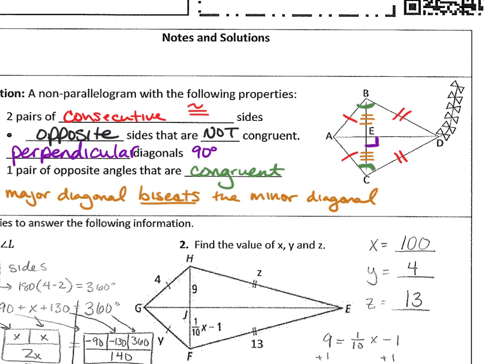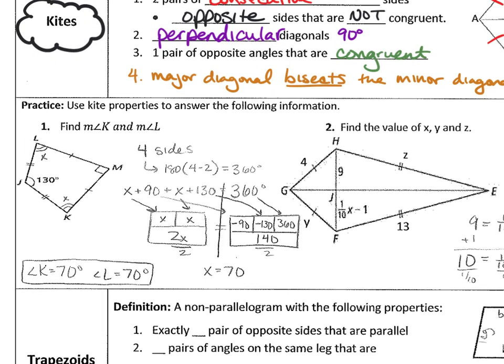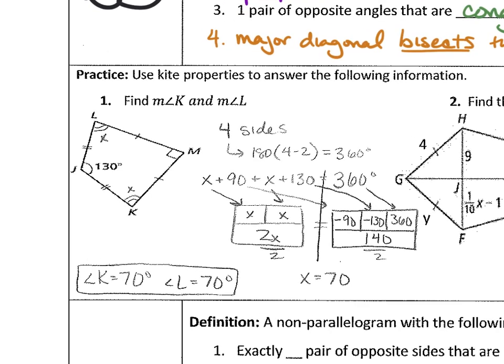It will allow us to answer lots of questions, kind of like we did for parallelograms and for the squares, rhombus, and rectangles. So obviously I've done the work on these because at this point in this class you know how to solve for x, but I want to show you how to set this up. The property we used in this problem is the property that the kite has opposite congruent angles.